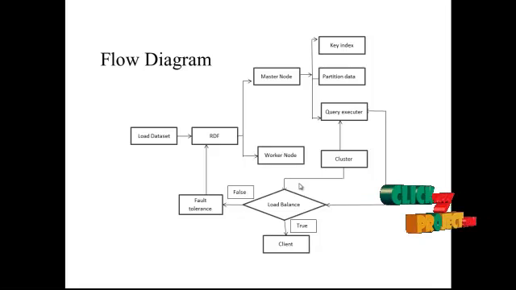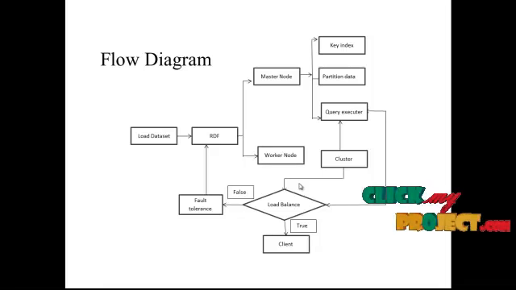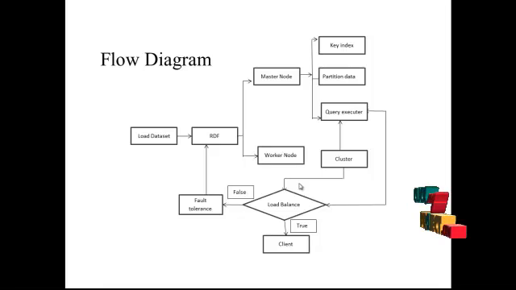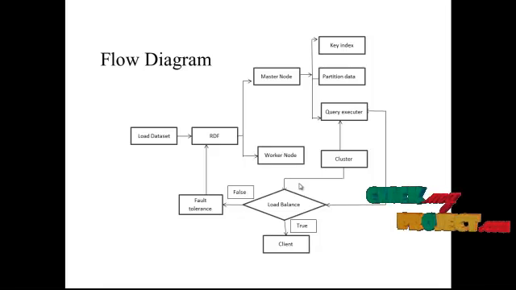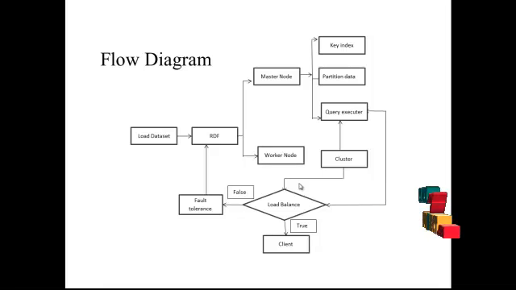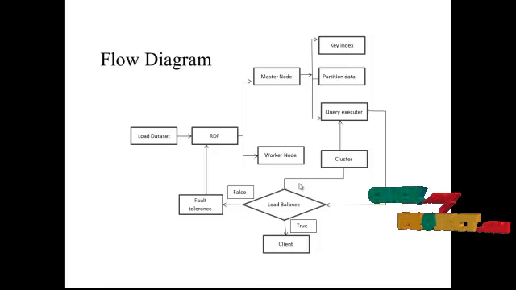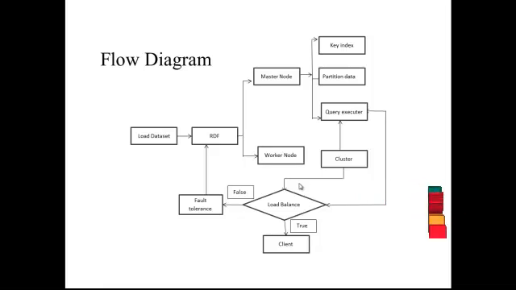The first one is the key index. The key index means using some key values based on our data. Here we are using student details, and our process is based on student details. So I am using student ID as the key index.